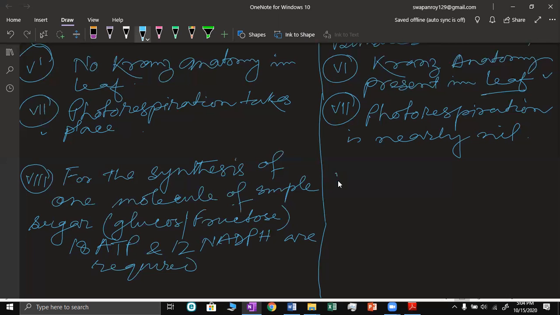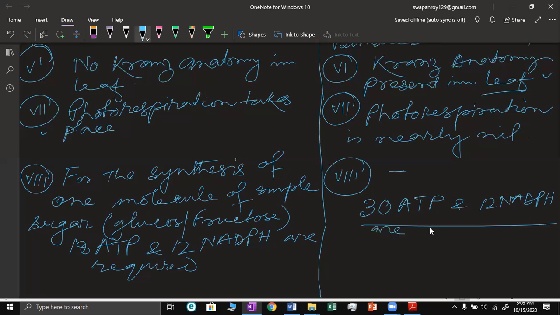But here, for each molecule of carbohydrate produced, they require 30 ATP and 12 NADPH.